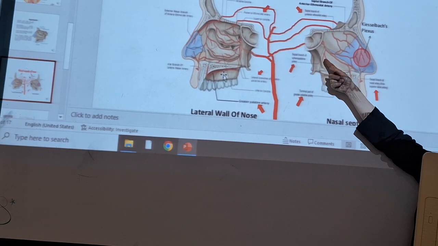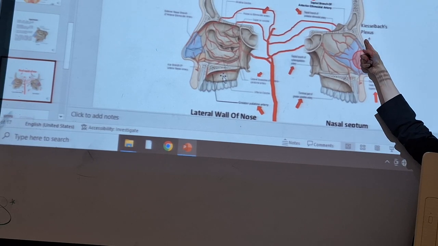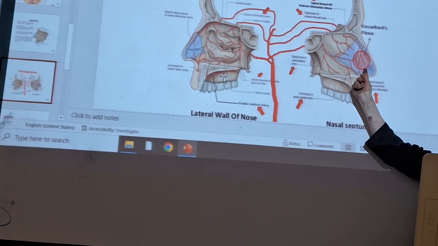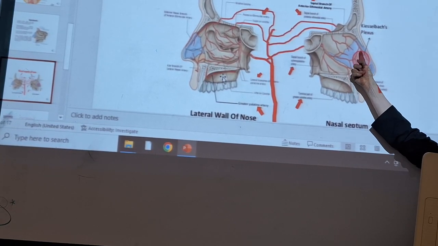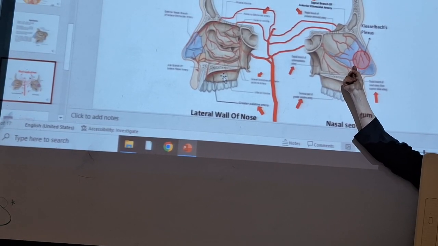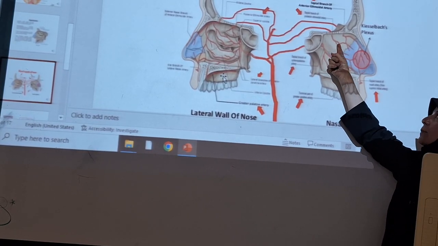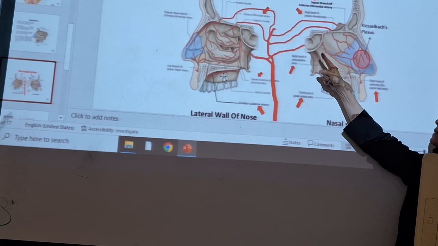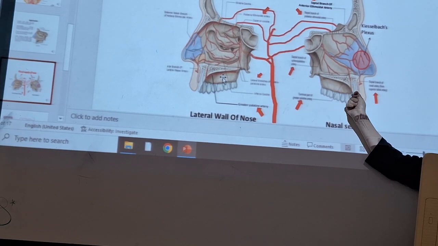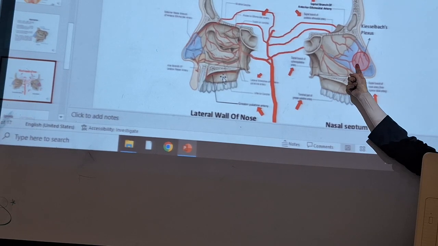So in the medial surface of the nasal cavity, you can find the Kiesselbach area or plexus. This Kiesselbach plexus shows an area where nosebleeding can happen. Which arteries make this plexus? The anterior ethmoidal, sometimes the posterior ethmoidal, the branch of the sphenopalatine, and also the greater palatine participate.